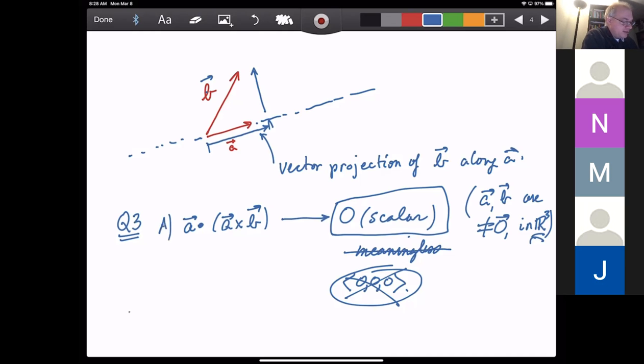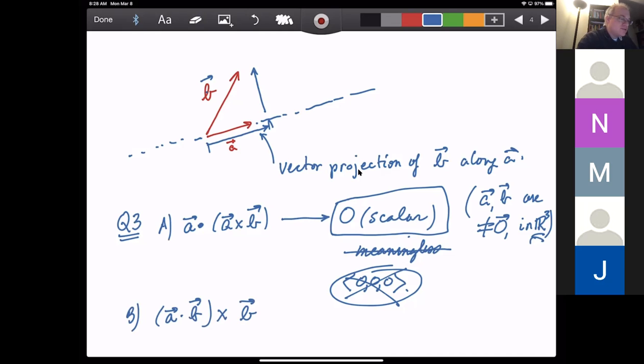So that was part A, and then part B, we have A dotted with B, and then we cross that with B. All right, so who wants to take a shot here?